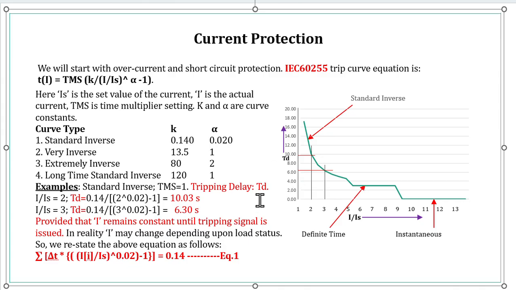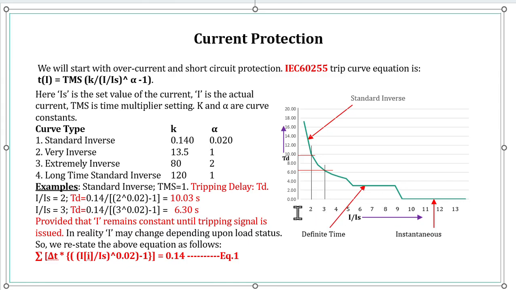But can the current remain constant? That is, will I upon IS remain 2 all the time? Once it becomes 2, does it remain 2? No, it can change. And so how will you substitute values here? How will you decide what the value of t is if this changes from 2 to 3 to 4 to 5 or back to 1?